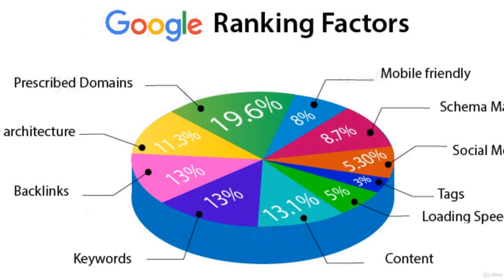You can see in the chart there are different elements involved in search engine ranking, like mobile friendly websites, schema markup, social media signals, content, backlinks, keywords, architecture of the website, and stuff like that.